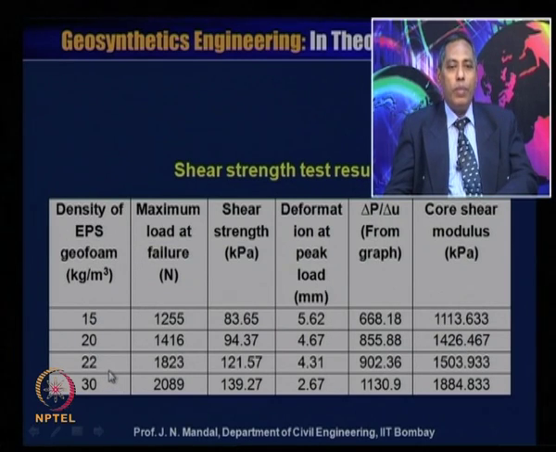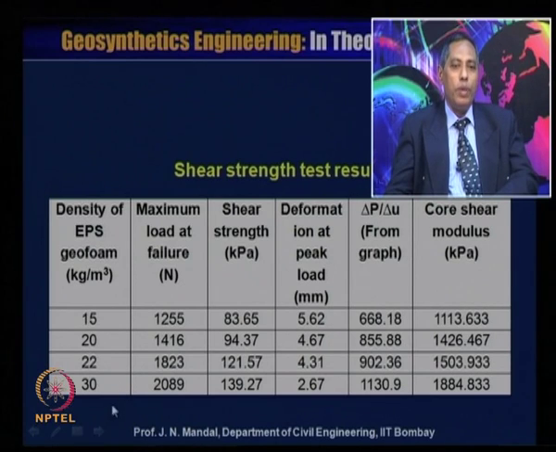When the density of the EPS geofoam is 22 kg per meter cube, the maximum load at failure is 1823 Newton, the shear strength value is 121.57 kilopascal, the deformation at peak load is 4.31 millimeter, delta P by delta U is 902.36, and the core shear modulus is 1503.933 kilopascal.